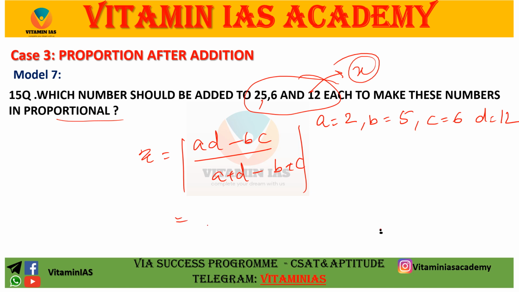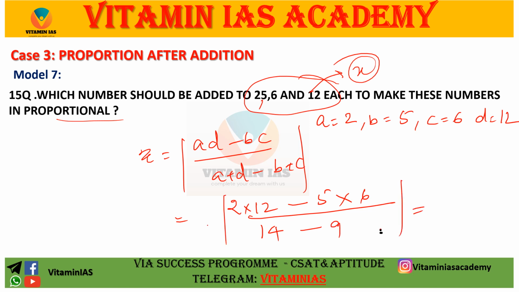AD means 2 into D value 12, minus B 5 into C value 6, by A plus D, 14, minus 9, whole in modulus. 2 twelves are 24 minus 30, here minus 6, by 14 minus 9, here 5. So the X value is 6 by 5, which will be the answer here.